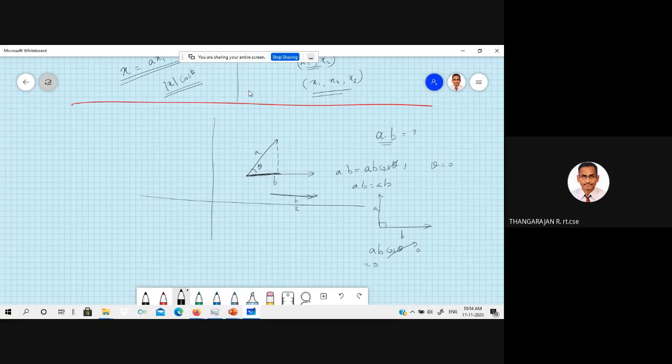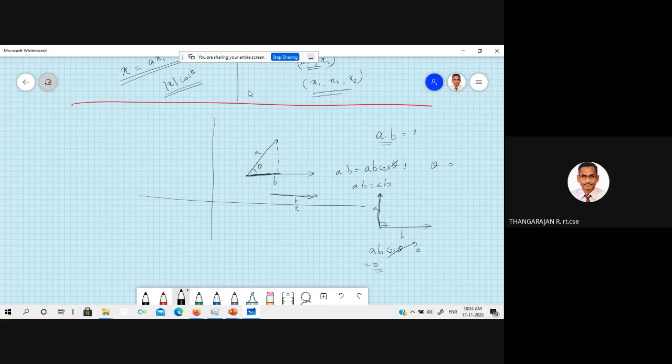That means there is no projection when you project A onto B, because A is perpendicular to B. Therefore A dot B is 0. So this is a special operation that we do in vectors. We call it dot product.